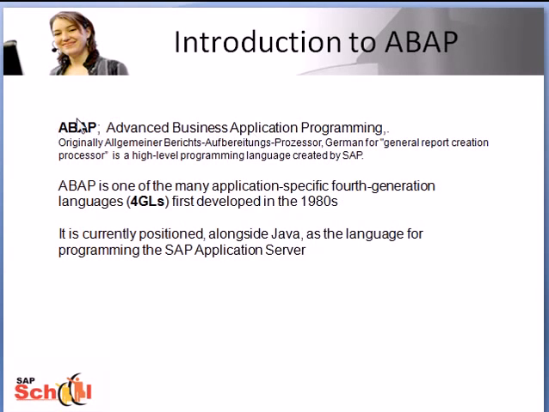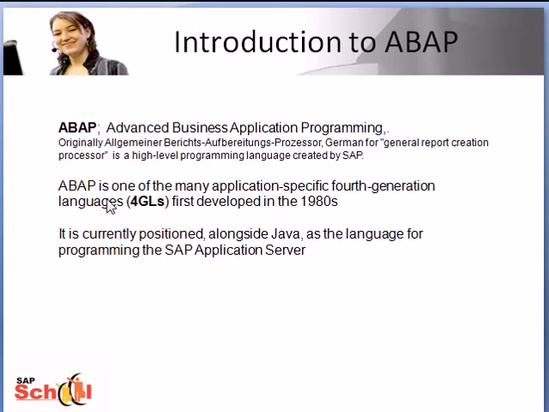So ABAP is essentially an abbreviation and stands for Advanced Business Application Programming. It originated in Germany and was originally called in German, but then SAP changed the definition of ABAP to Advanced Business Application Programming for a wider adoption of it.